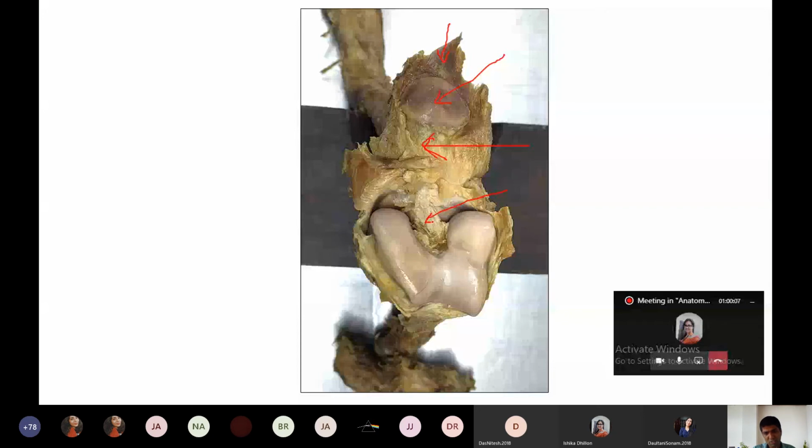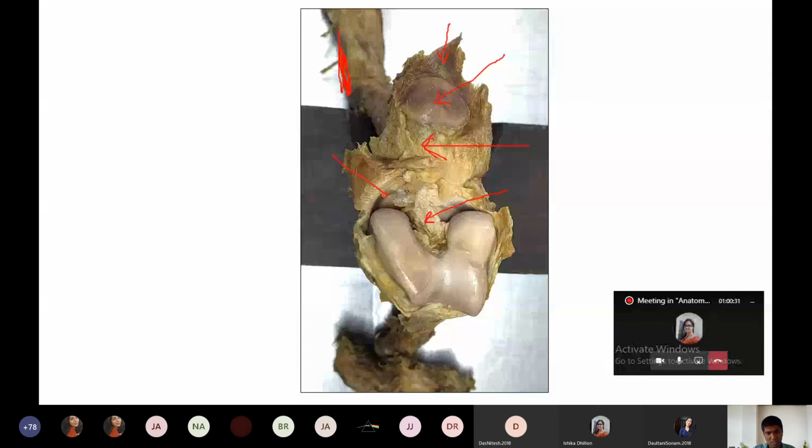And this one is the anterior cruciate ligament. This one is the anterior cruciate ligament viewed from the anterior side. And this one, the arrow I'm keeping, you have to identify which side it is. This is the medial side. Okay, you can guess it from seeing the foot also. This is a benefit to you now. The foot is shown here in the diagram, so this is the medial side of the foot.